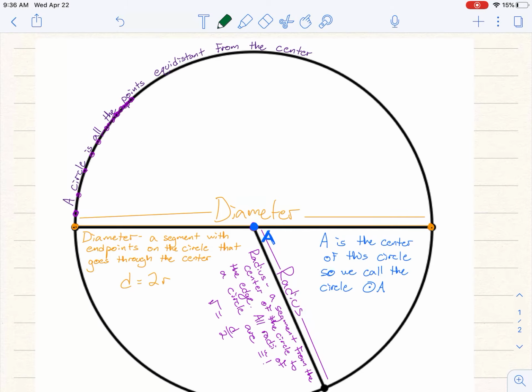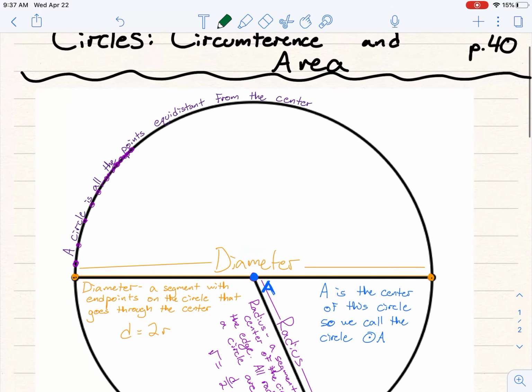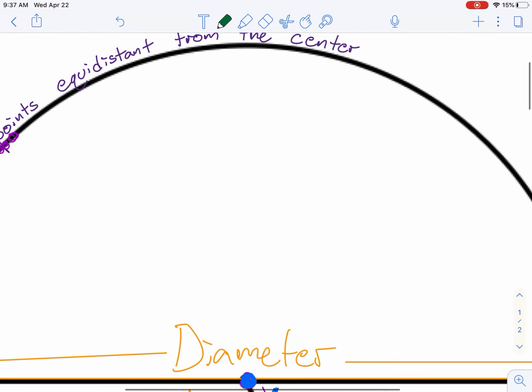Now, one thing that we're going to need to also define before we really get into some formulas here is pi. So up here in this top part, we're going to define what pi is. So pi, the symbol pi, it's the Greek letter. Some of you already have done this before. You've done Pi Day where you memorize as many digits of pi, but maybe you didn't actually know what pi was.